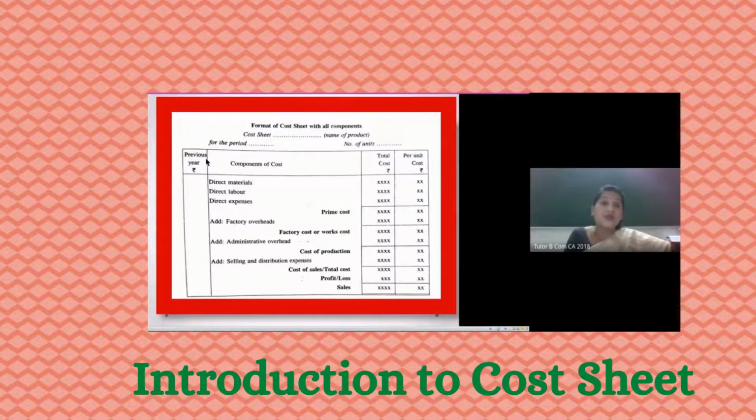I am forced to sell below my cost, so I incur a loss. There are certain conditions that might happen for a firm, because of environmental pressures, competition in the market, or a number of other reasons. In that case, I will not have a profit position. I'll have a loss for my firm. So this is the basic format of a cost sheet.